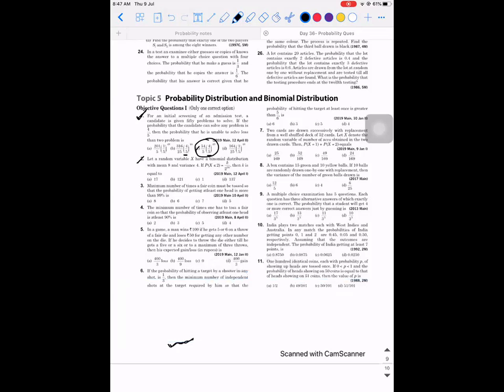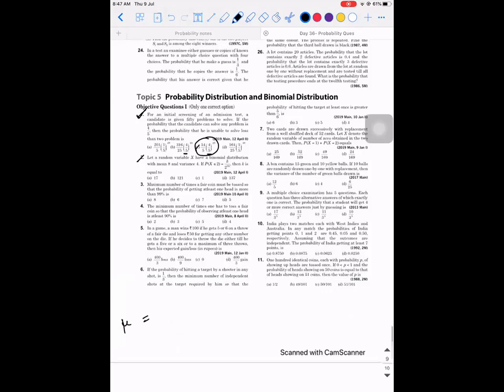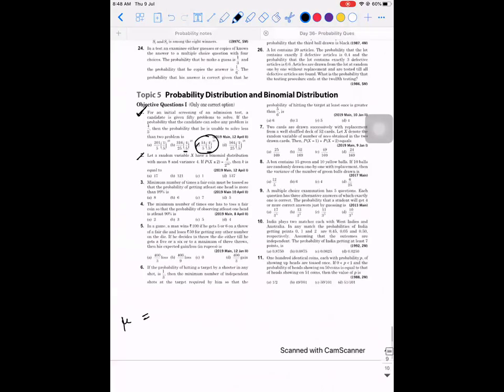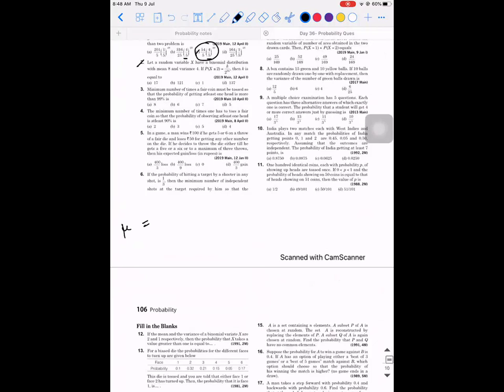So mean is given by the symbol mu, that is equal to sigma i is equal to 1 to n of xi into pi.